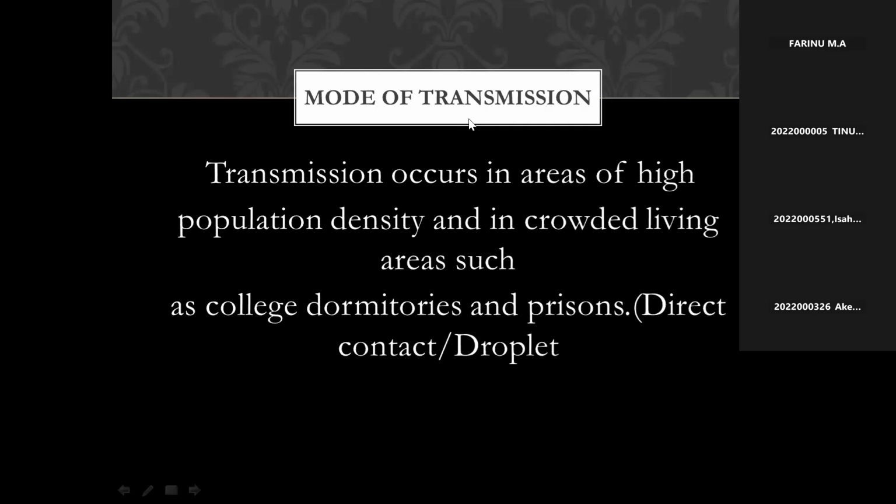But N95 is used for what? Airborne infection. If a patient has tuberculosis, measles, or shingles, varicella zoster virus, that's when you use airborne precautions. But in a patient like this, you use surgical mask and you isolate the patient.